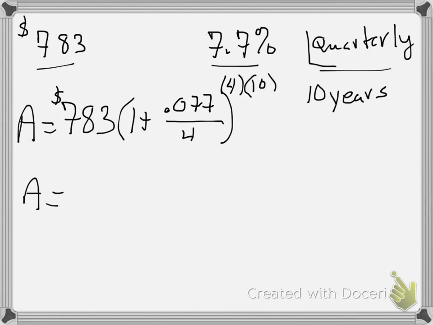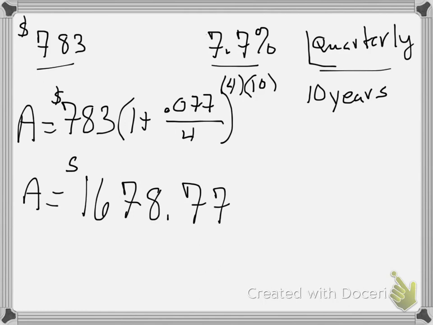And when we put that into our trusty graphing calculator, we get 0.077 divided by 4 raised to the 40th power. You will have $1,678.77.